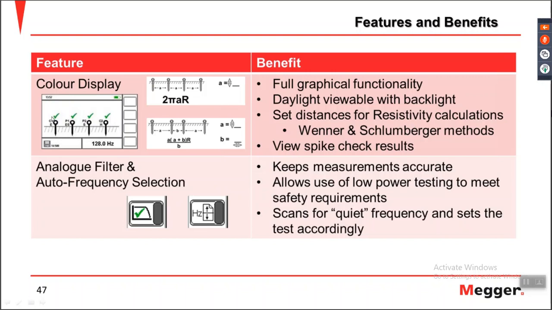So this equipment can give you information if some connection is not connected properly, or maybe because of some corrosion. You can see it on this indication: a checkmark means it is already good, and if you see the cross, you need to check that rod. Analog filter and also auto frequency selection.